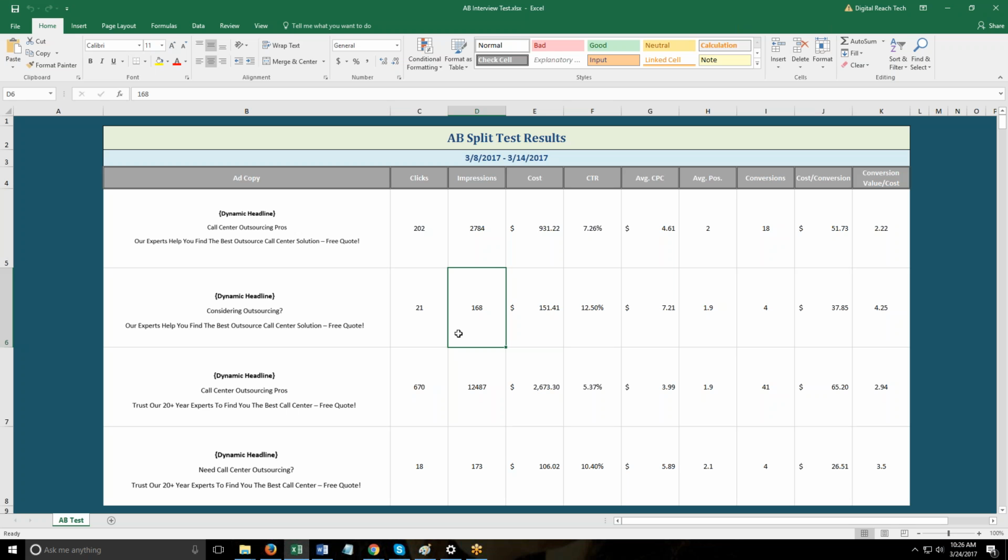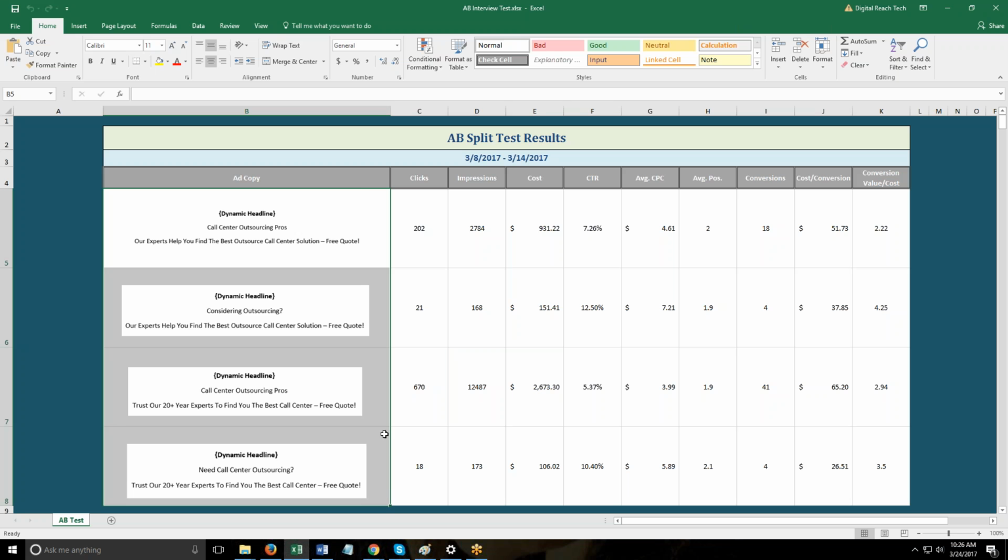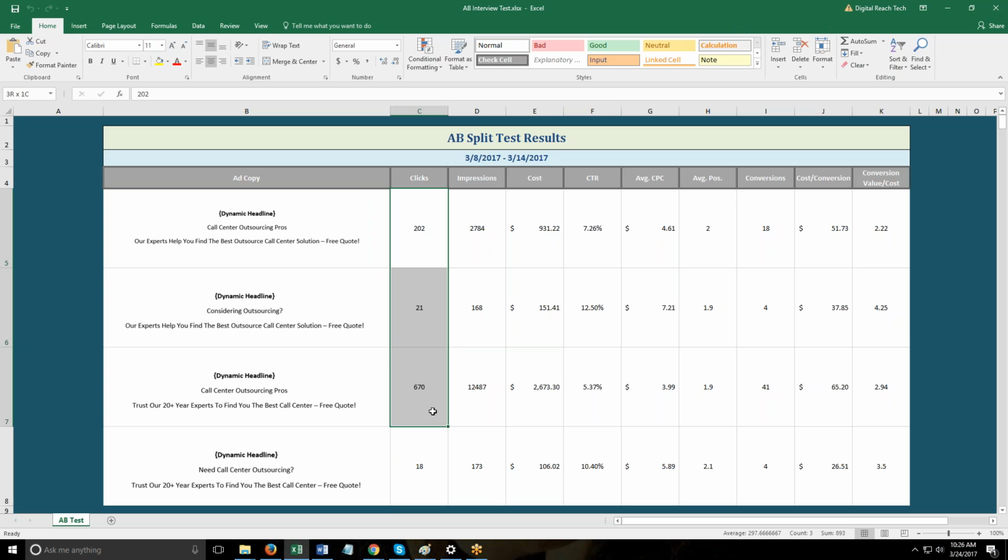The advantage of 3 is that if someone looks up your ad multiple times, they have more opportunities to see fresh content. So there's definitely some value in running more than 2. But if you go more than 3, you're spreading yourself too thin on your data. So that's something to note about the 4 different ads we're running here.